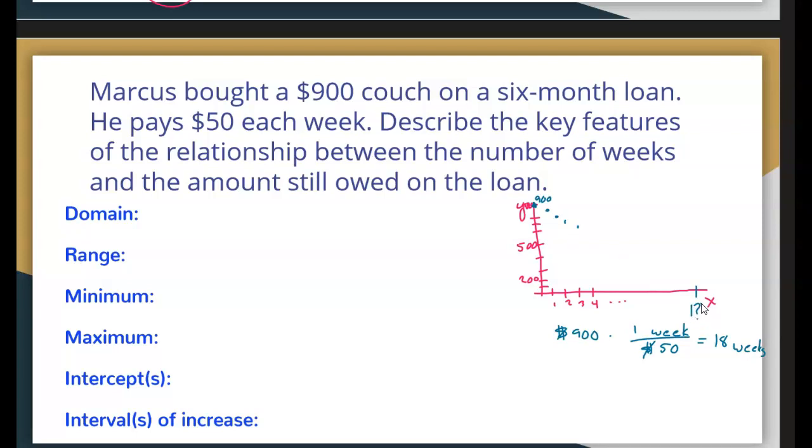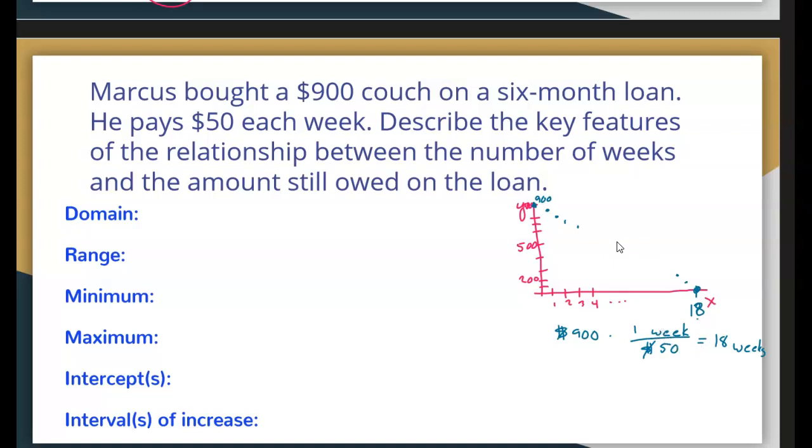So this will be 18 up here. So at 18 weeks, we hit 0. At 17, it would be 50. At 16, it would be 100, and would go up to that line up there.